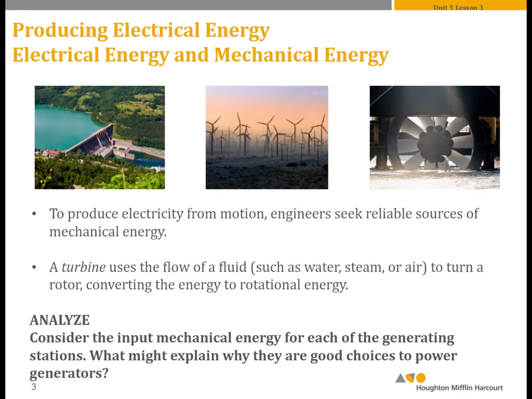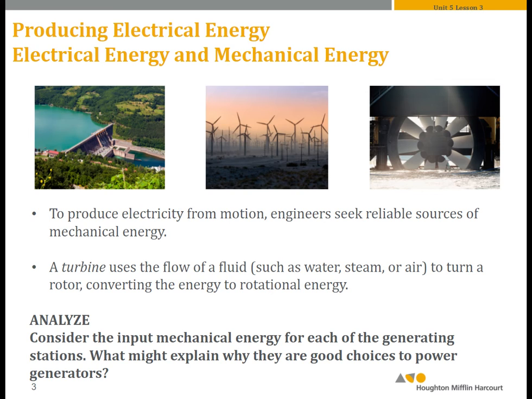That's because they're all pointed in different directions, but they do require quite a bit of space in order to generate a significant amount of electricity, and they can only be put in certain places where there's a consistent amount of wind. So different types of turbines can be placed in different locations in the world.